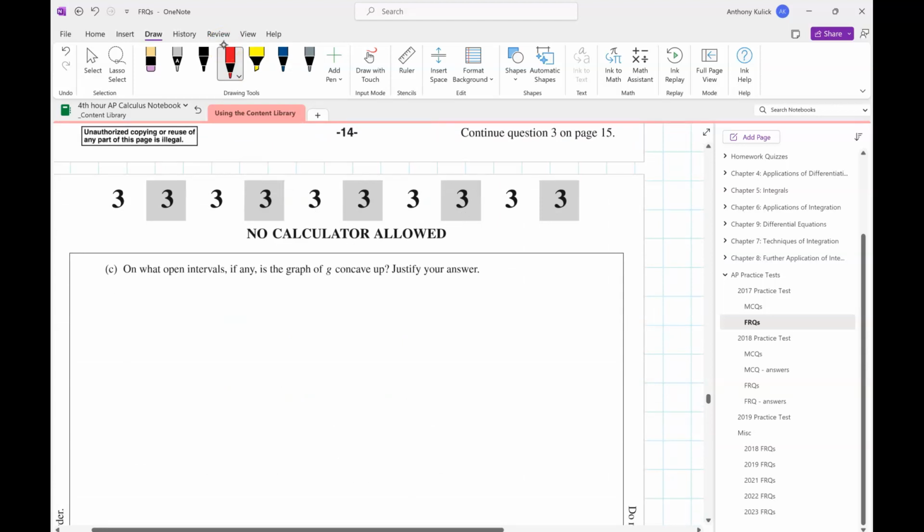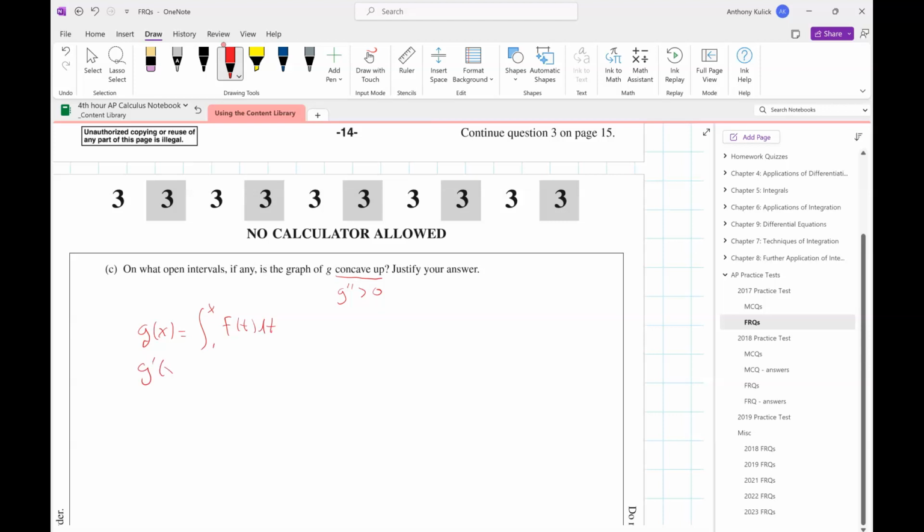Part C says, on what open intervals, if any, is the graph of g concave up? What is concave up? How do I find that? Yeah, so g double prime should be positive. So we know g of x is equal to this integral, right?